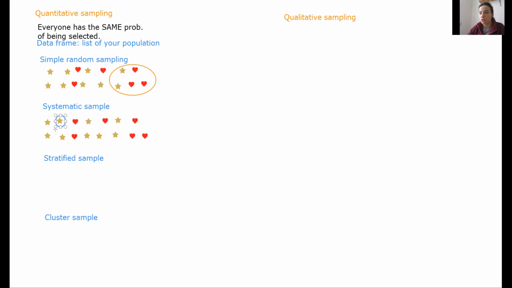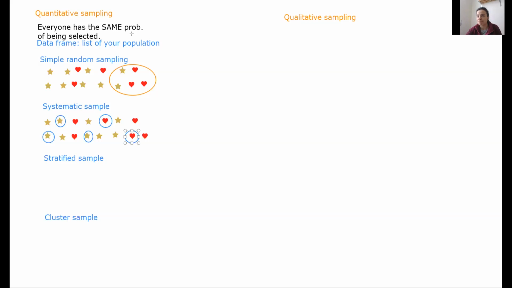So for example, you say, I choose the first one, and then I skip 2, and I choose the next one, and I skip 2, and I choose the next one, and this would be my sample, right? So imagine that you have a list. This is exactly the same thing that you would do. You would skip a couple and then go like this. So that might make it easier to do it practically speaking.